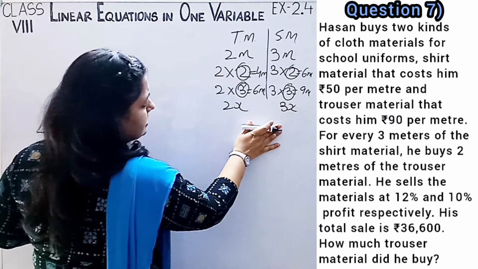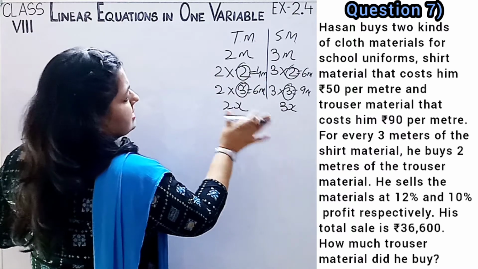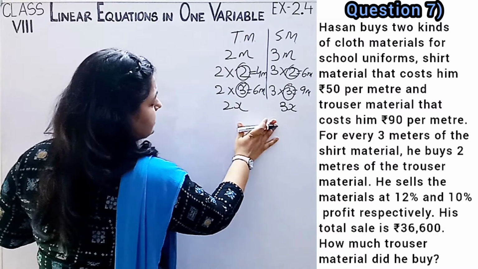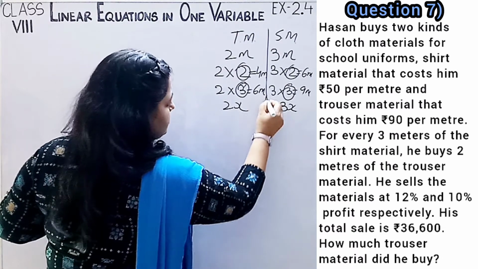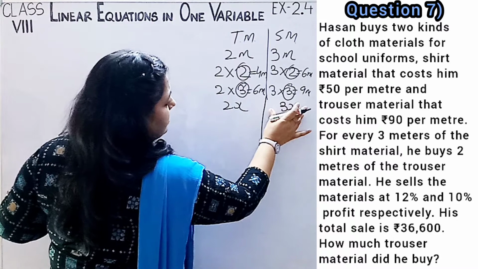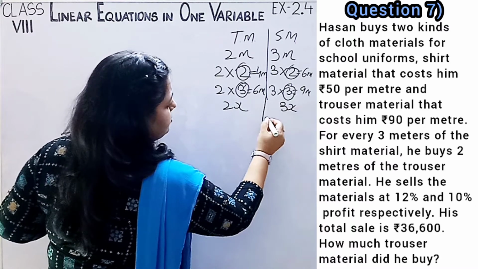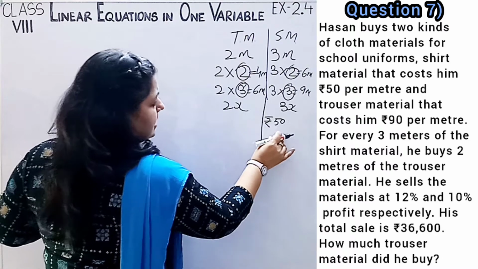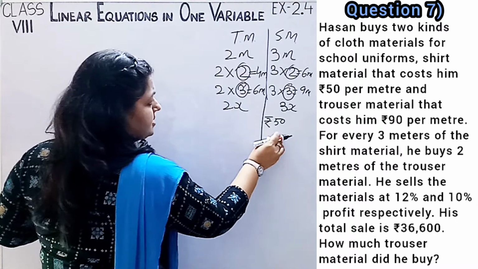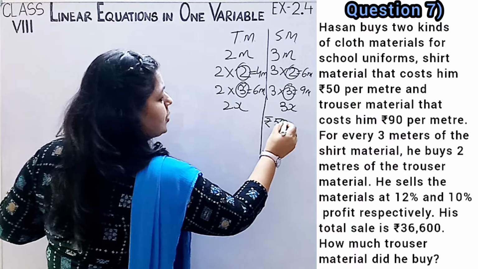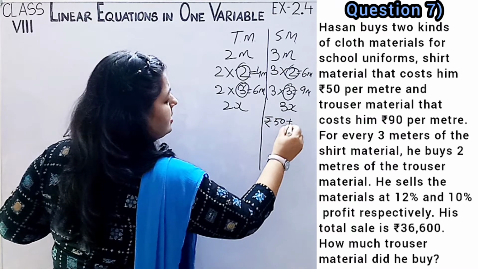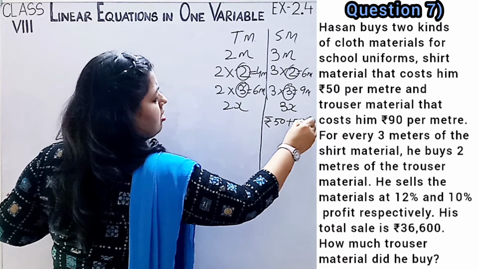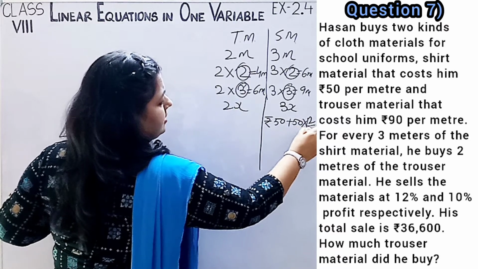Now here we can see that in the question, the cost of shirt material per meter is rupees 50. So here the per meter cost is rupees 50, and after selling he got a profit of 12% on this 50, 12% of this 50.